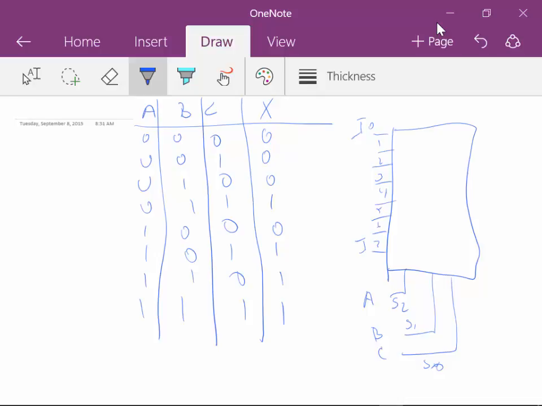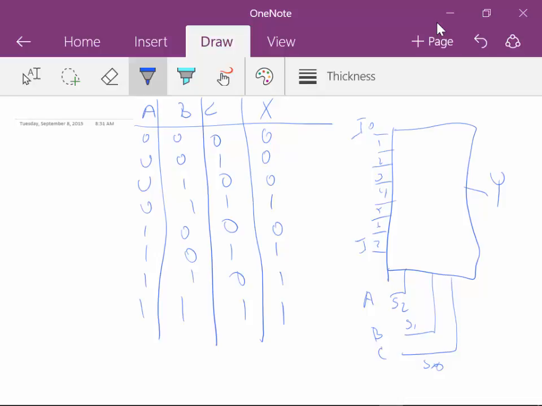Those are our inputs. And we tie them to either VCC or ground in order to get our desired output. Because remember, the way that this works is that whatever input is selected, that's what's passed on to Y.